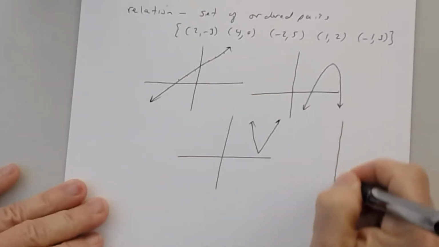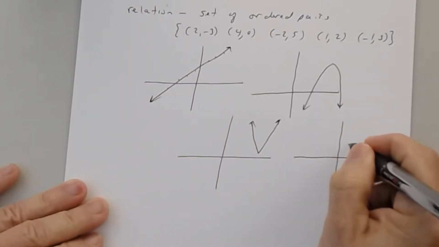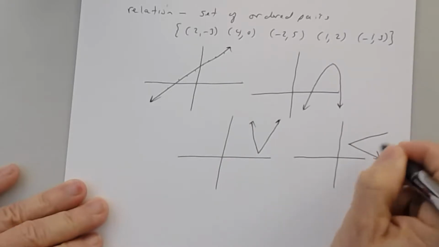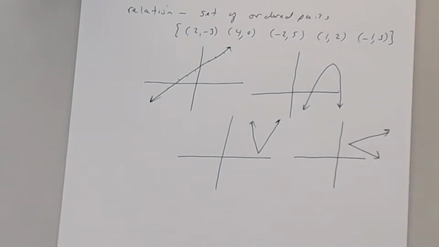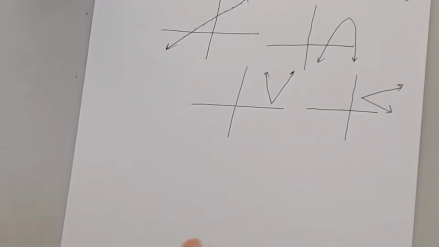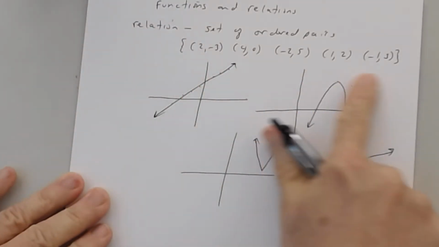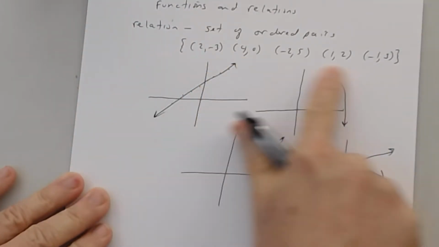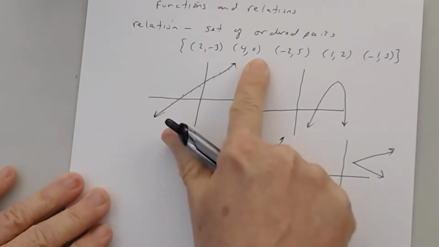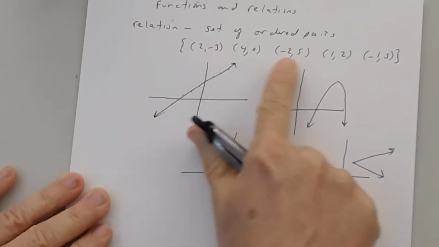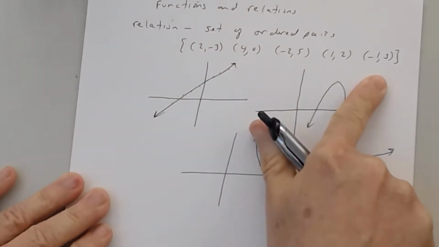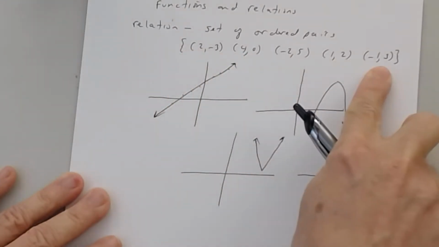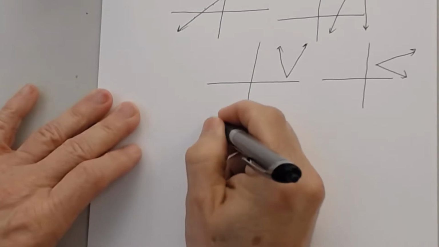Your graph could look like this as well. You see these points right here? This ordered pair, how many points are in this set right here? 1, 2, 3, 4, 5. There are 5 points, right? So instead of writing it like this, I could graph the points.